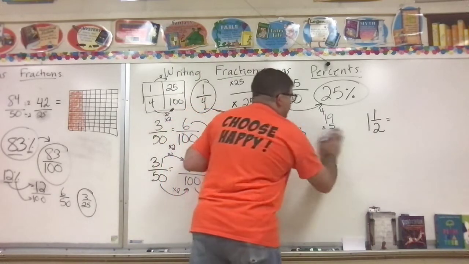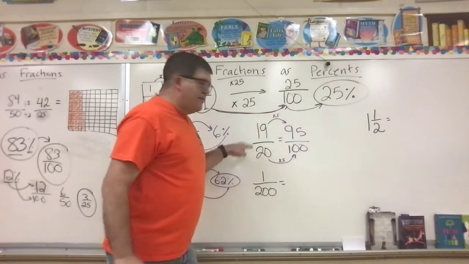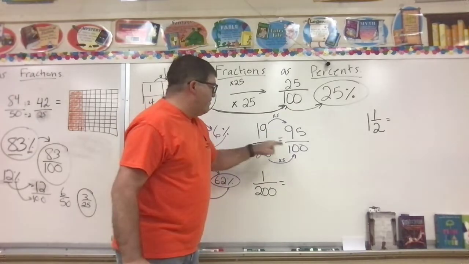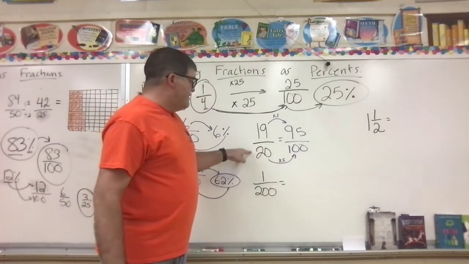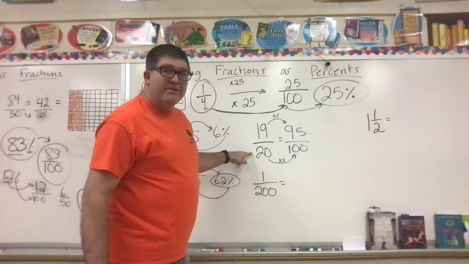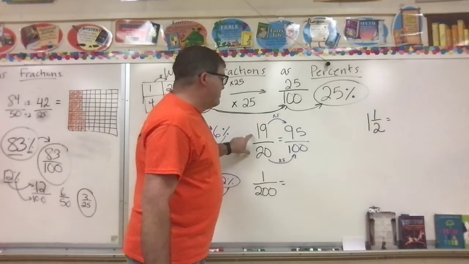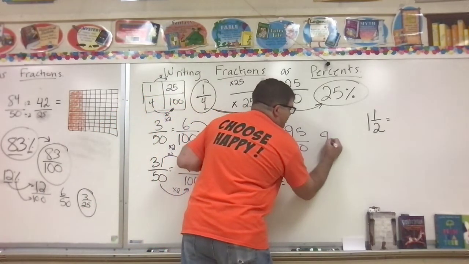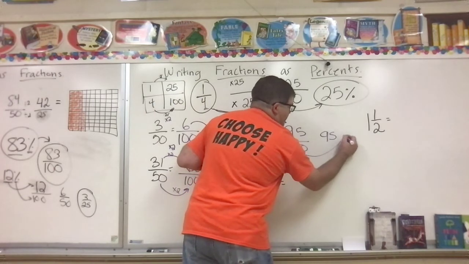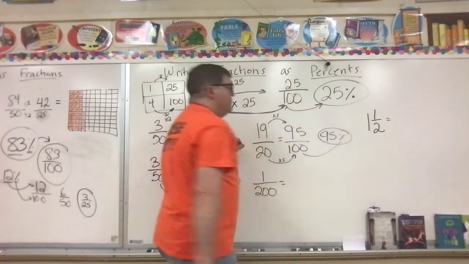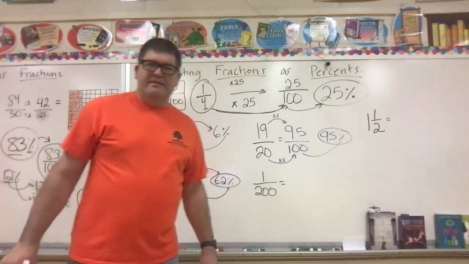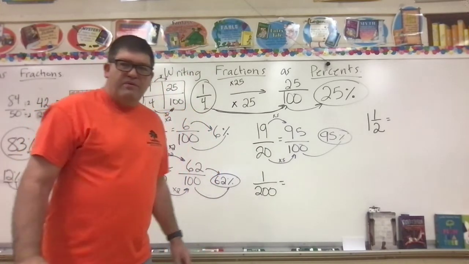Okay, so 19 out of 20 is the same as 95 over 100. Now if I do 19 out of 20 on a test, I'm excited because that as a percent is 95%. That's almost everything, almost the whole.